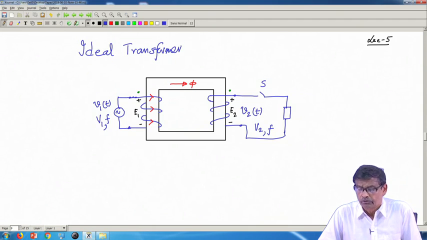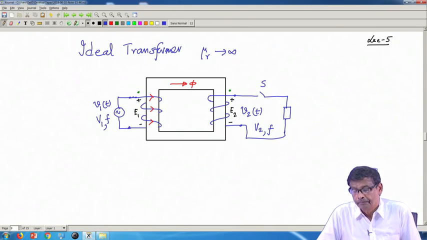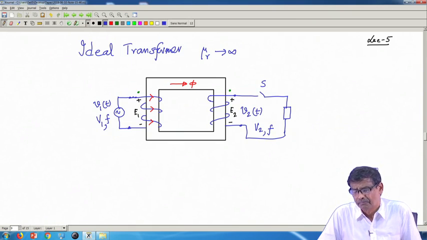Those losses are neglected, winding resistance is neglected, and the magnetizing current required is very small, because the permeability of the core is going to be very high. So, to establish the flux you practically do not require any magnetizing current.